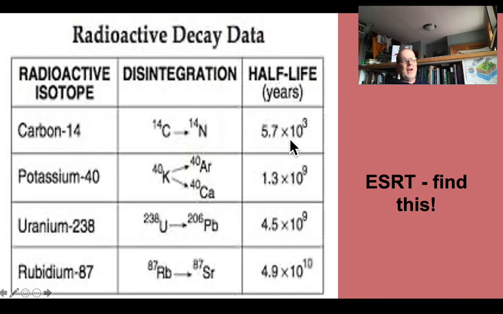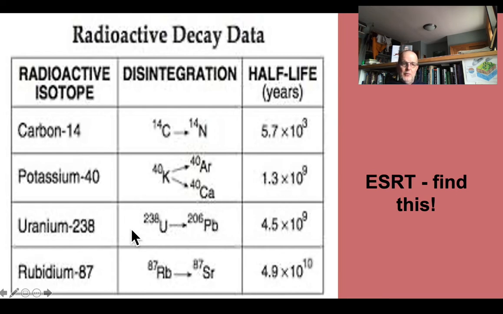One half-life of that radioactive carbon decaying takes 5,700 years. In contrast, potassium-40, which is found throughout the Earth down towards the core, decays from the unstable isotope of potassium-40 into both argon-40 and calcium-40, and that half-life takes 1.3 billion years.